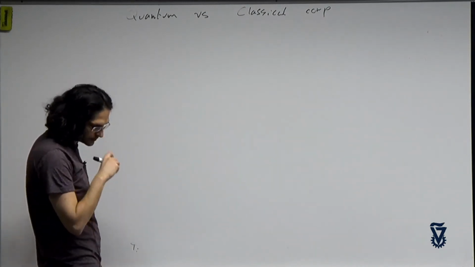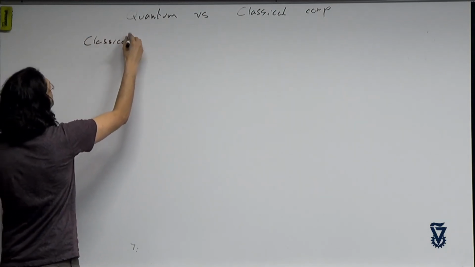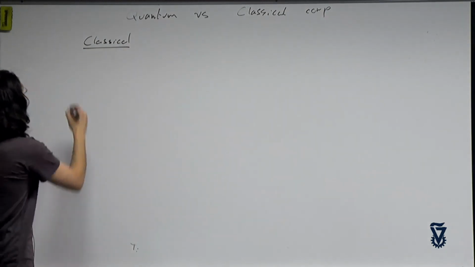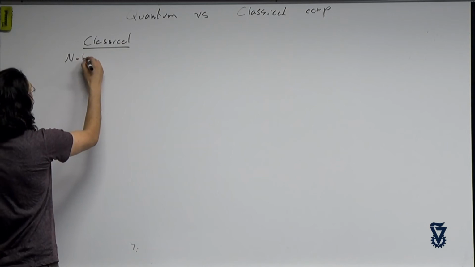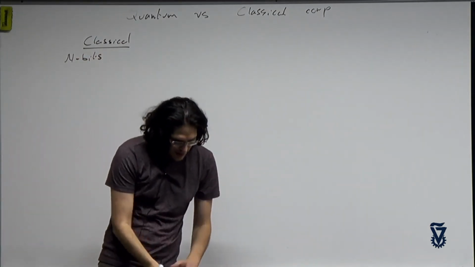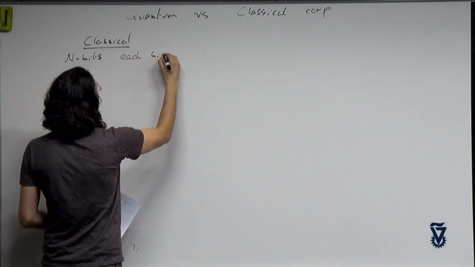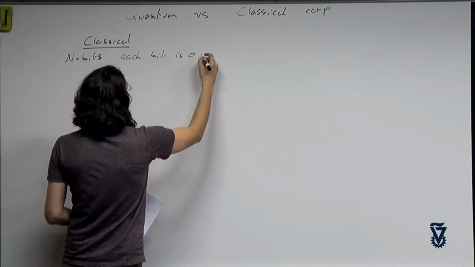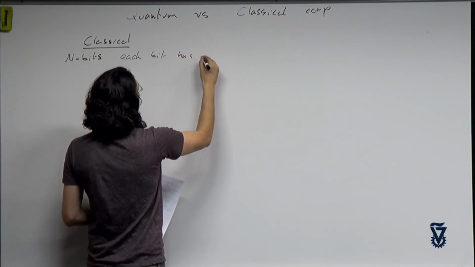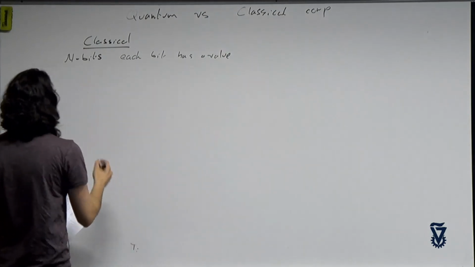If we look at a classical computation, we know that we have some n bits in this classical computation, and we know that each bit has a deterministic value of 0 or 1, right?